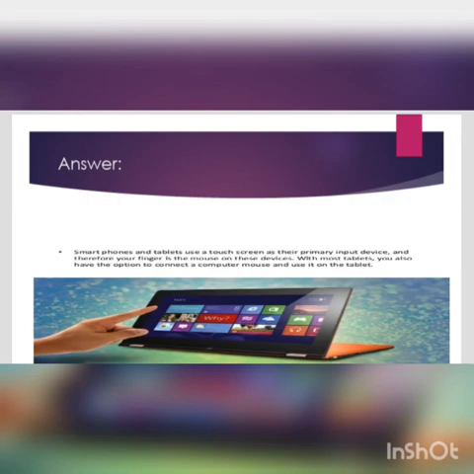So what is the replacement of the mouse in those devices? The replacement is our hand. Our hand acts like a mouse in those devices. Another option is that we can easily connect a mouse to those devices if we find it easier to use a mouse.